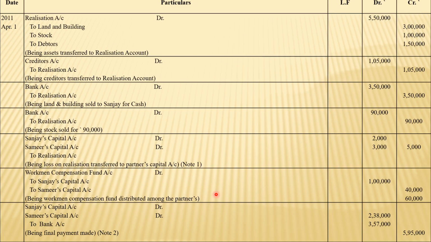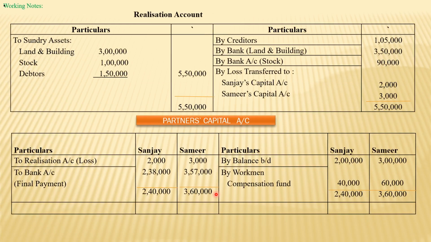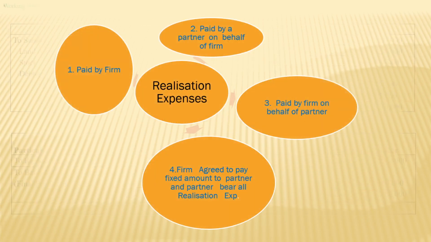Now related to one topic, realization expenses, we want to consider there are 4 situations which can arise. At the time of closing of the business, when a partnership firm is being closed, who actually bears the realization expenses? Sometimes the realization expenses are paid by the firm, sometimes paid by a particular partner, sometimes paid by the firm on behalf of partners.